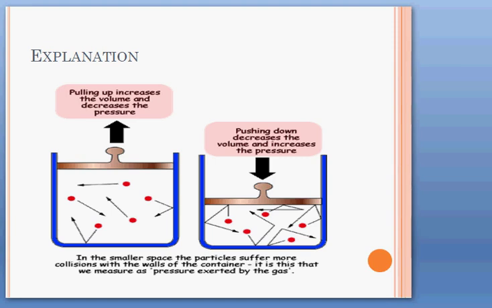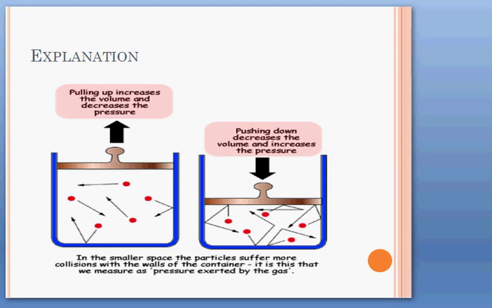Now scientifically, if we explain this, you can see there are two containers filled with the same mass of gas. We pull the piston out, so the pressure is decreasing and the volume of the gas is increasing. How?